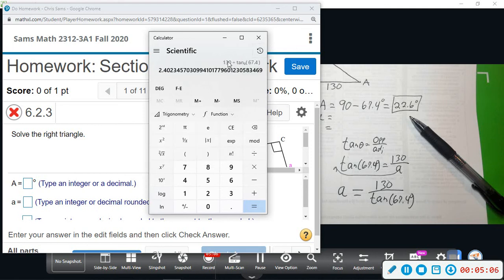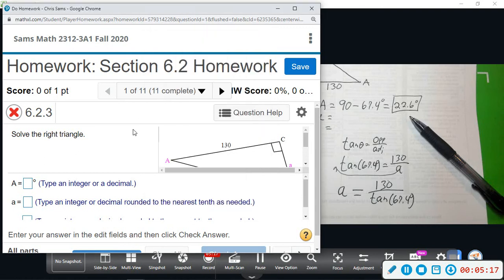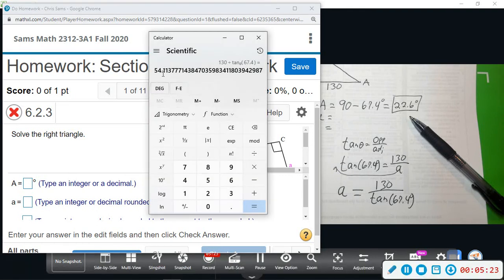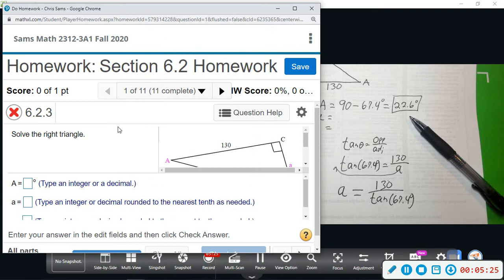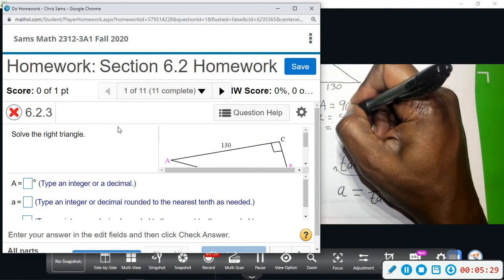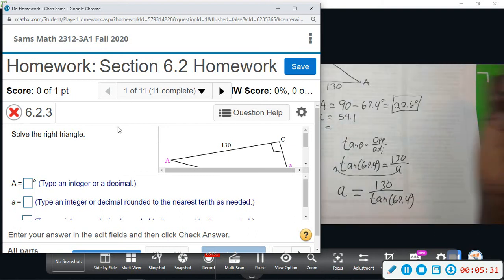You see it's doing 130 divided by tangent of this. When I hit equals, I get 54.1, and it says round to the nearest tenth, so one decimal place. So side A is 54.1.